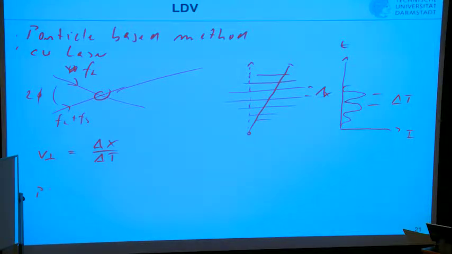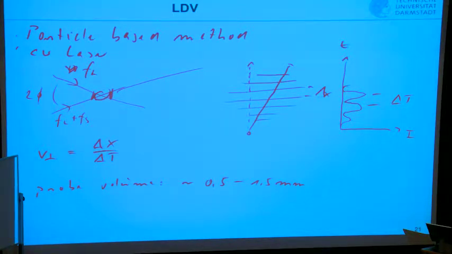The probe volume is extended in dependence of this crossing area over here, and is in the range of 0.5 millimeter at best up to something like 1.5 millimeter. So the smaller the crossing angle, the larger the length of this volume.